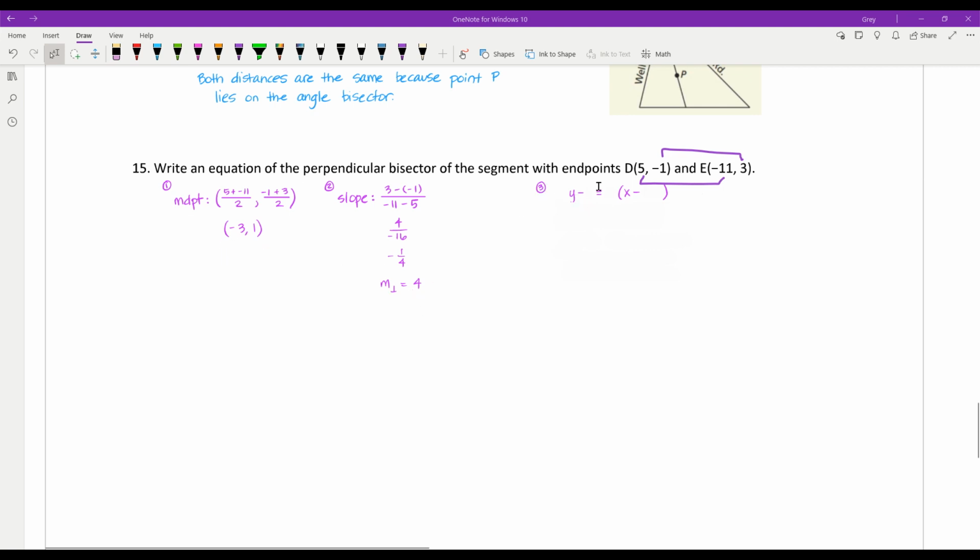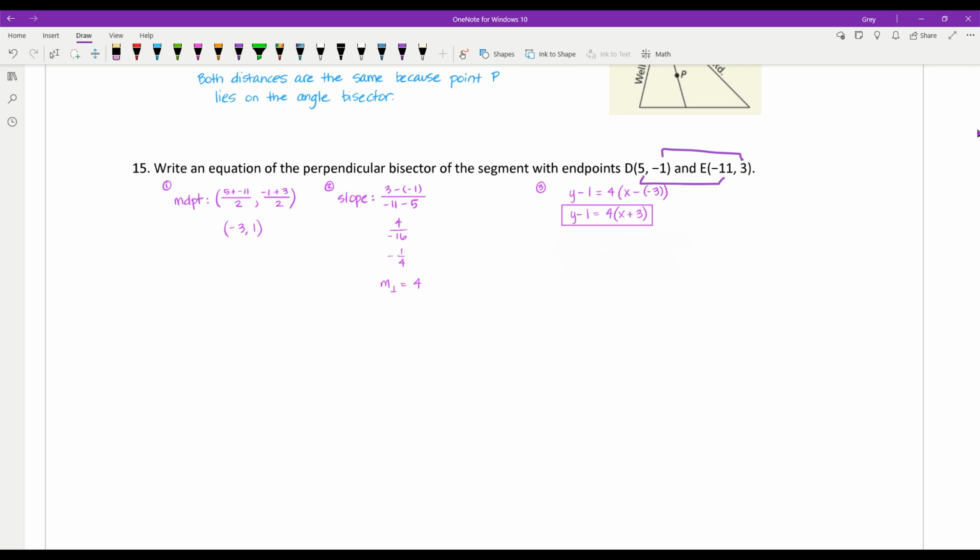Y minus y sub 1 equals m times x minus x sub 1. So that gives me y minus my y coordinate, which is 1, equals my slope, which is 4, times x minus my x coordinate, which is negative 3. So when you simplify that, that's going to give you y minus 1 equals 4 times x plus 3.